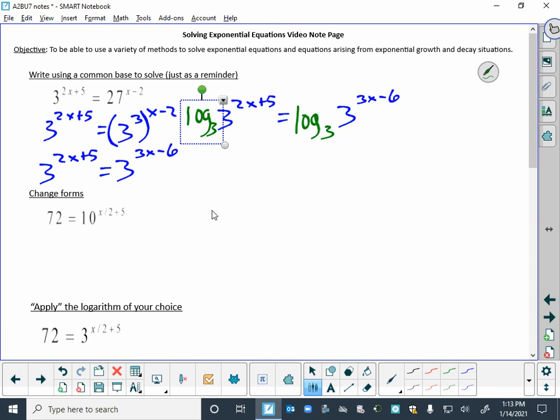And so the power comes down, right? Just like our property said, now that we see an exponent inside of the logarithm, the 2x plus 5 comes down.